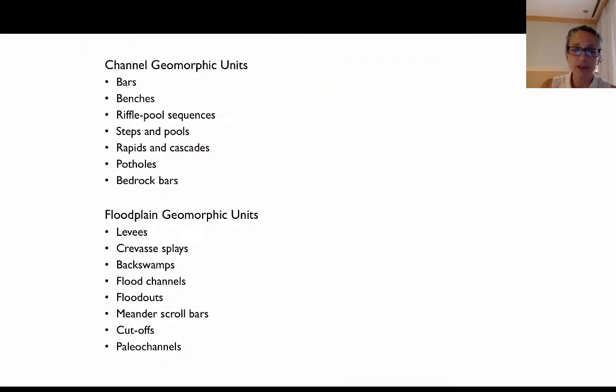So to give you a list of the geomorphic units that we're going to be looking at, well, these are the ones outlined in your chapter, and I'll point out which ones we'll talk about. We'll briefly talk about bars and benches, and then riffle-pool sequences, steps, pools, the differences between cascades and step-pool channels, and then, like I said, potholes are erosional features, which I'm sure many of you have seen in channels around the Grand Valley, and bars that can develop in bedrock channels.